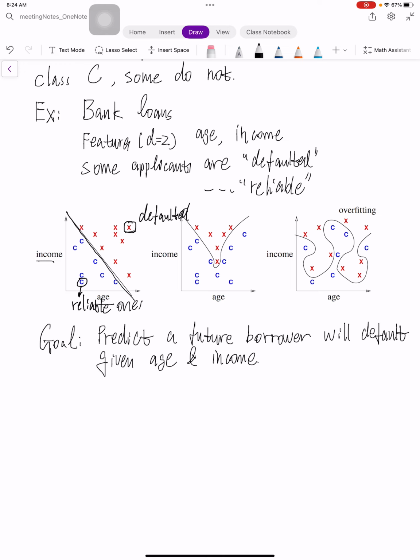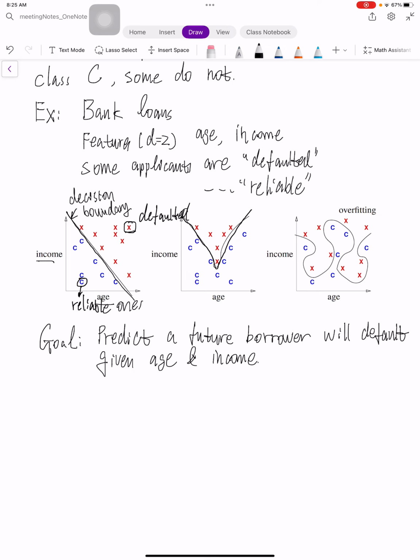We call this a decision boundary. For the second case, we cannot just use a simple line to separate them, but with some techniques, we can use this V-shaped curve to separate them.